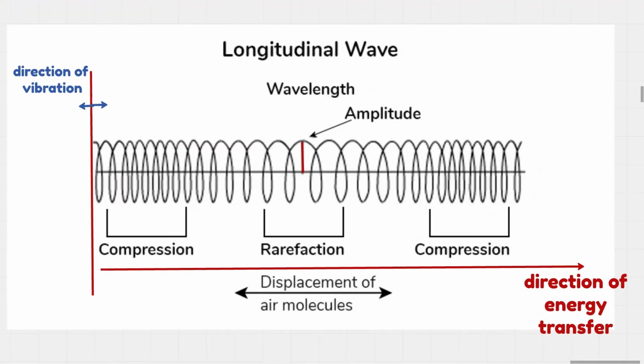Okay, so let's check what longitudinal waves comprise. First is a compression, then you can see a rarefaction, and then again a compression. What is compression? Whenever the waves are getting compressed, you can see those longitudinal waves bound together, and then at a certain point they aren't bound. They just have space between them.